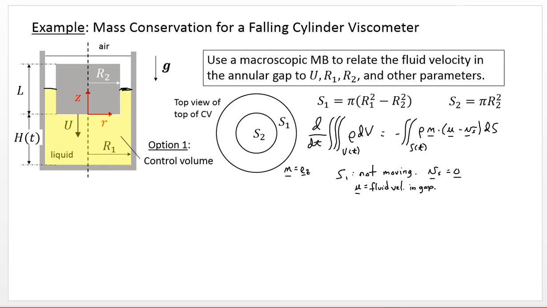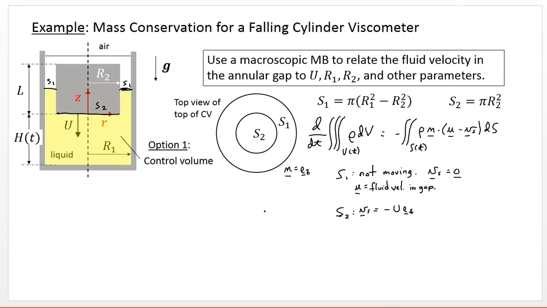Then we can look at S2, which would be the bottom of the cylinder. So we come here, and this is going to be S2 down here. So S2 is moving at velocity Vs is equal to minus u Ez. Why is it minus?